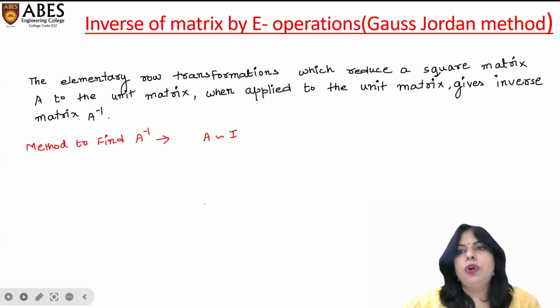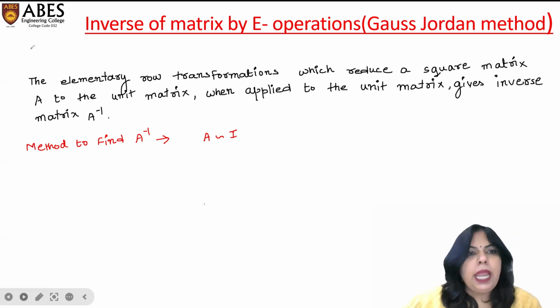What is this method? The elementary row transformations which reduce a square matrix A to the unit matrix, when applied to the unit matrix, give the inverse matrix A inverse. This is the method to find A inverse.